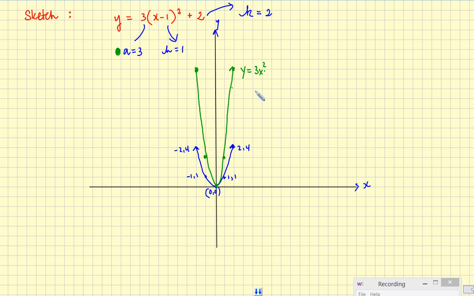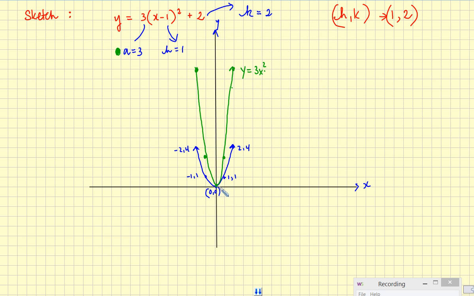And I will do those simultaneously in red. The actual translation is going to be (h, k), and the (h, k) is going to be (1, 2), which means that my new vertex is going to be found at the point (1, 2).